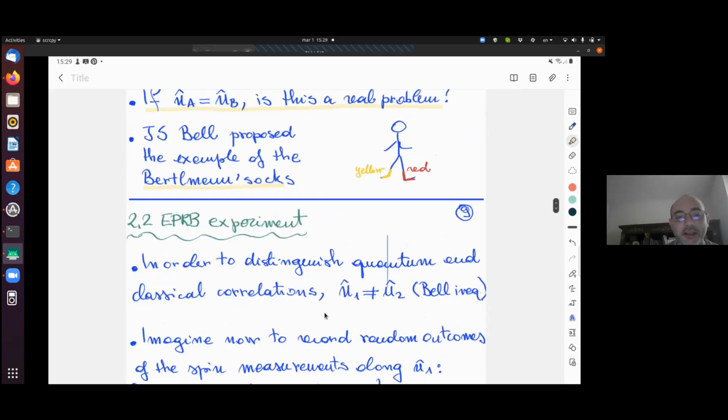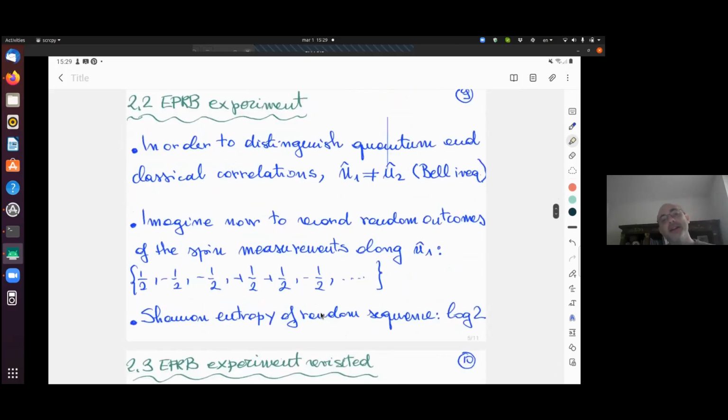In fact, Bell went further and proposed famous inequalities to distinguish when quantum and classical correlations would really be intrinsically different.